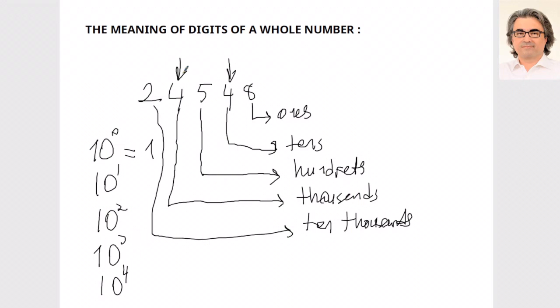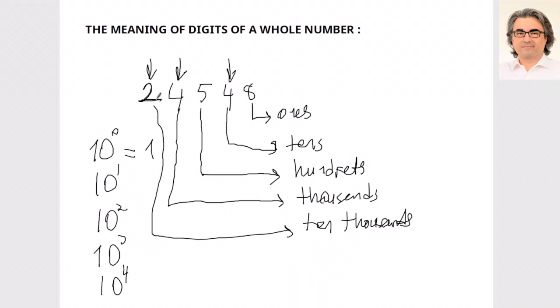It represents the number of thousands. And written here is 4, so I have 4 thousands. What about this 2? This place represents the number of 10,000s. And my number here is 2. It means I have 2 10,000s.